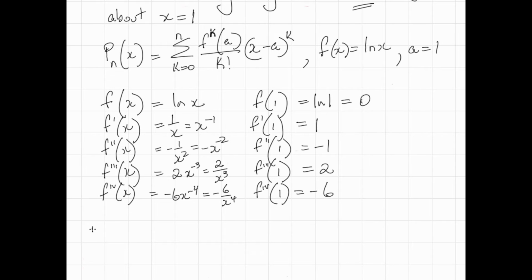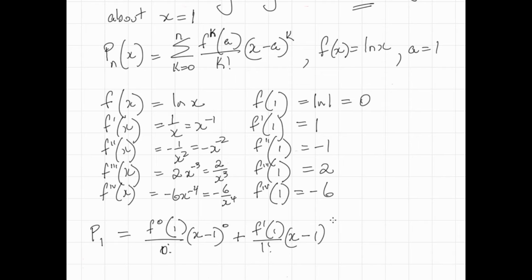So P1: we've got k equals 0 going in first, so that will be f of a, where a is equal to 1, all over 0 factorial, times (x minus 1) to the power of 0, plus k equals 1, so the first derivative with 1 in there over 1 factorial, times (x minus 1), because a is equal to 1, all raised to the power of 1.